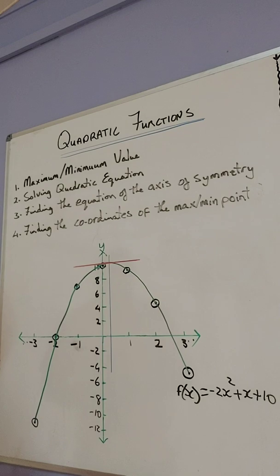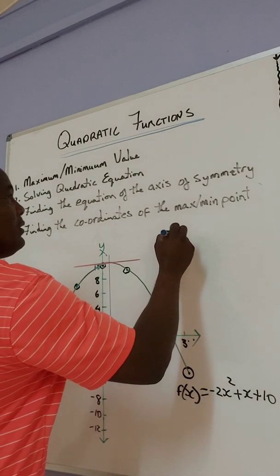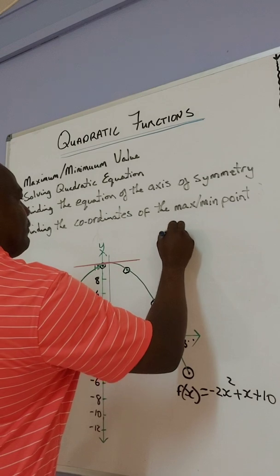Now, this could only be determined by accurate drawing or by calculation. But if you were to calculate, you will find that the maximum value in this case is y is equal to 10.5.